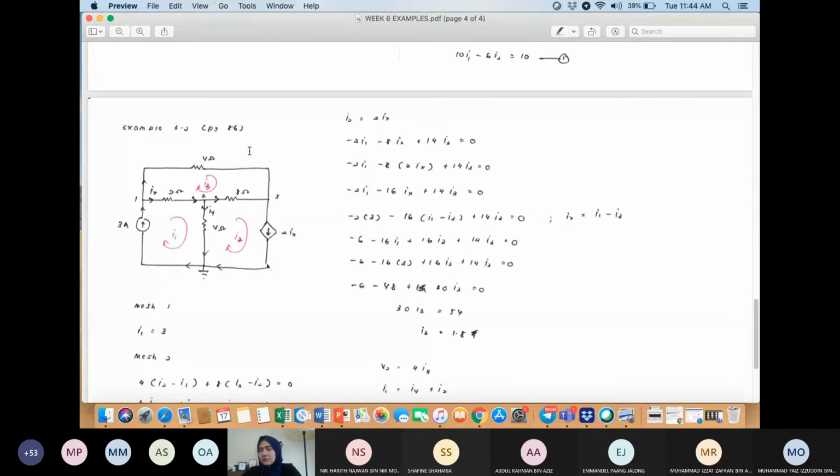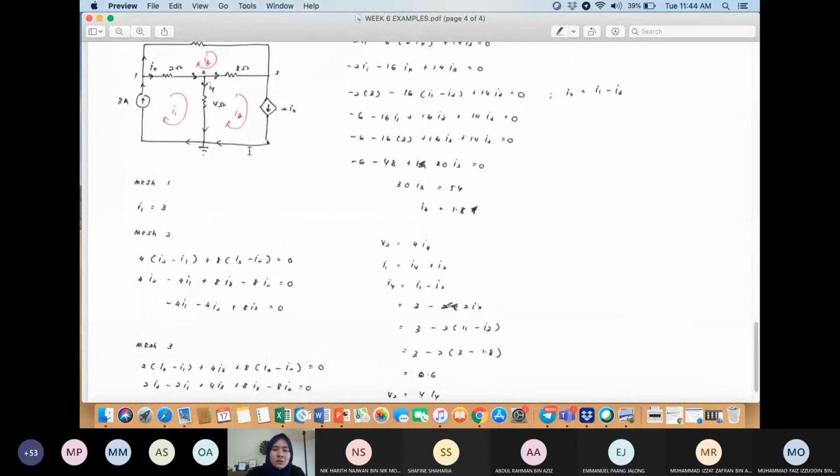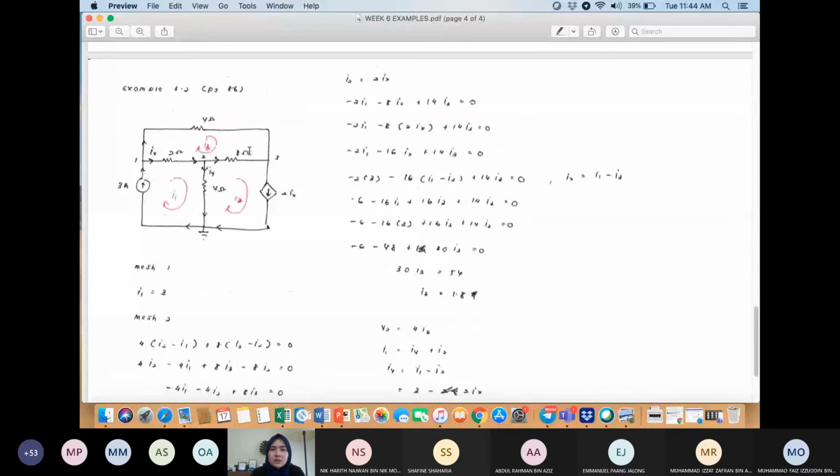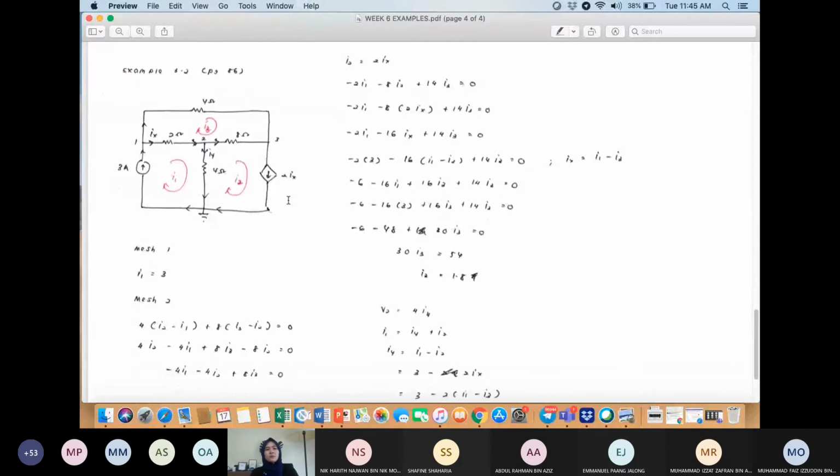You can see that over here the calculation is a little bit complicated compared to if you use nodal analysis to find for the voltage. So later maybe you can try this one using the nodal analysis that you have learned last week to get V2. But still we can use mesh.